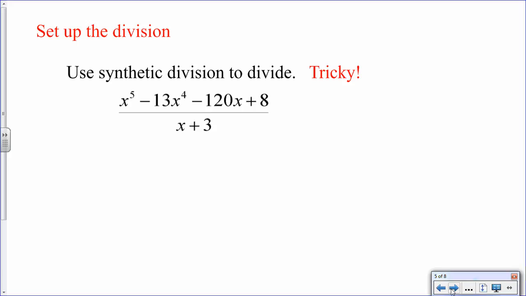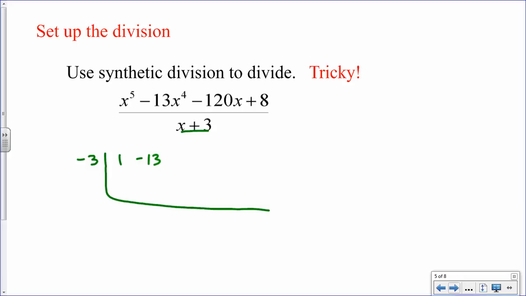So I'm dividing by x plus 3, so for synthetic division, that means I need to use -3. Okay? And then I have 1x to the 5th minus 13. Okay? Finish filling that out.